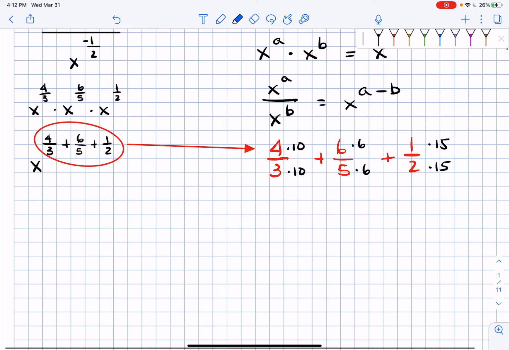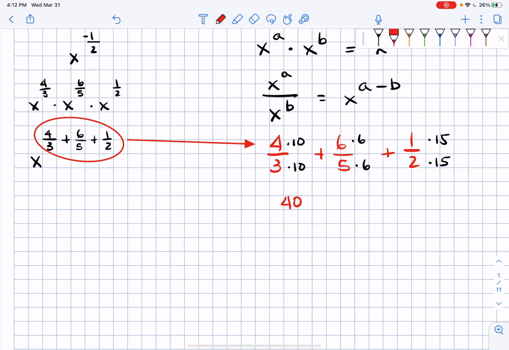So essentially what I have here is 40/30 plus 36/30 plus 15/30. Okay, so I've added all those together. Let me make sure: 36 plus 15 is 51, plus 40 would be 91.